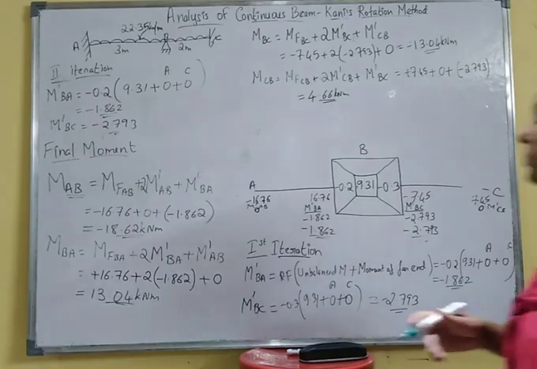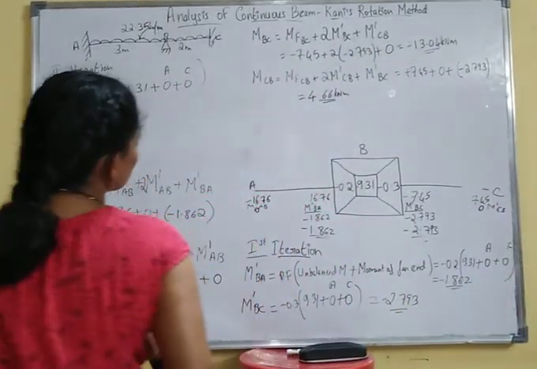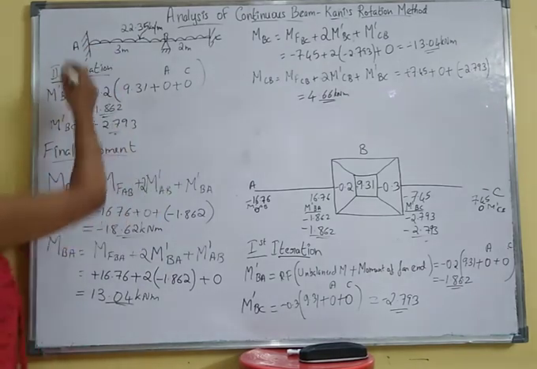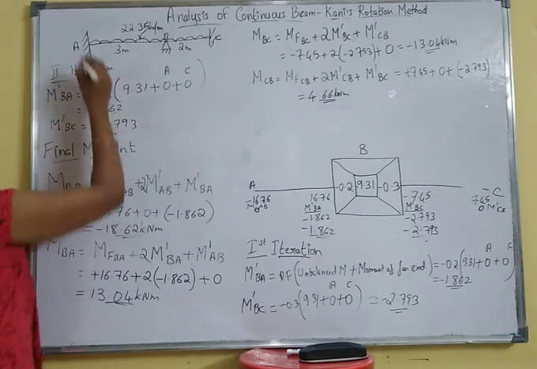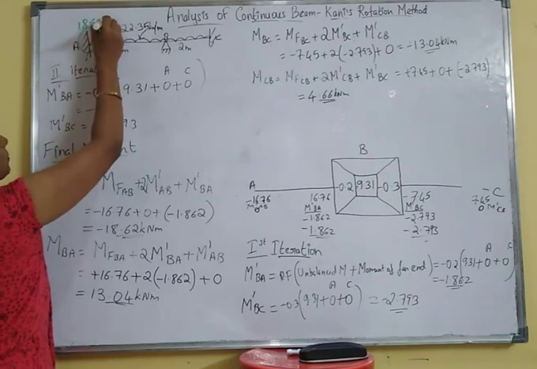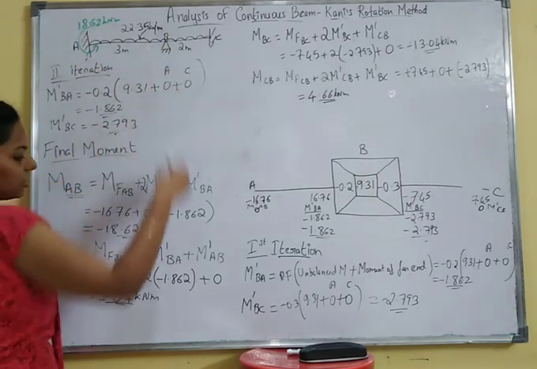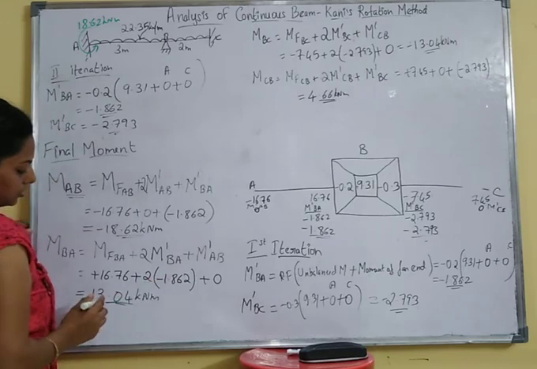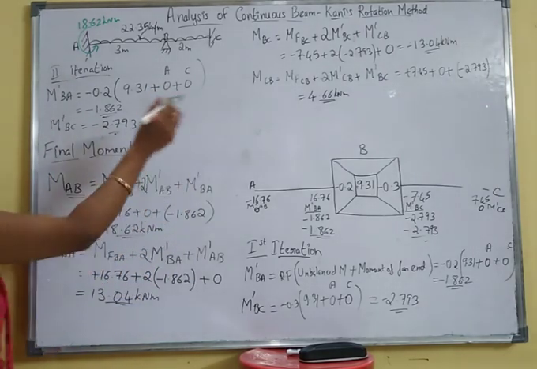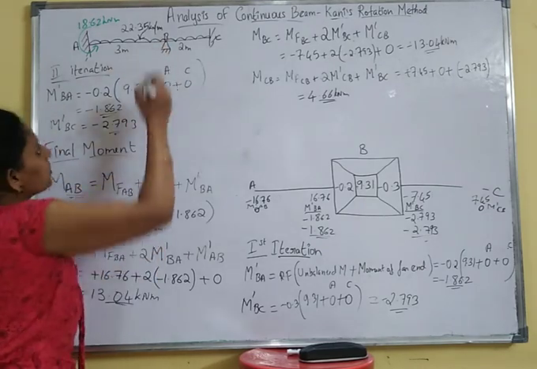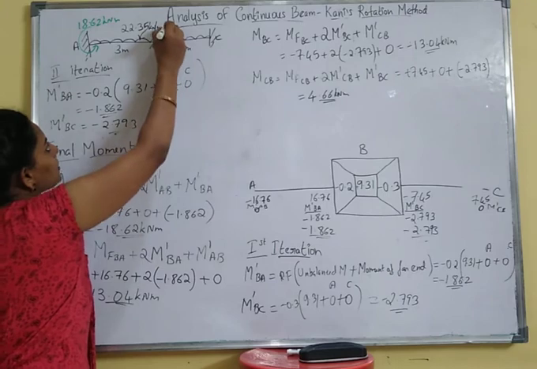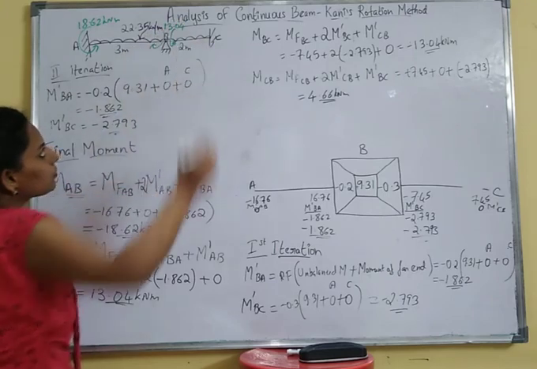Once this is known, you can draw a BMD, and using the calculated reactions you can draw the SFD, similar to what I have done in the moment distribution method. So here I will just mark the moments. First is minus, so anti-clockwise 18.62, and here the summation of these moments should be equal to 0. So 13.04 minus 13.04, first clockwise and then anti-clockwise, value is 13.04.